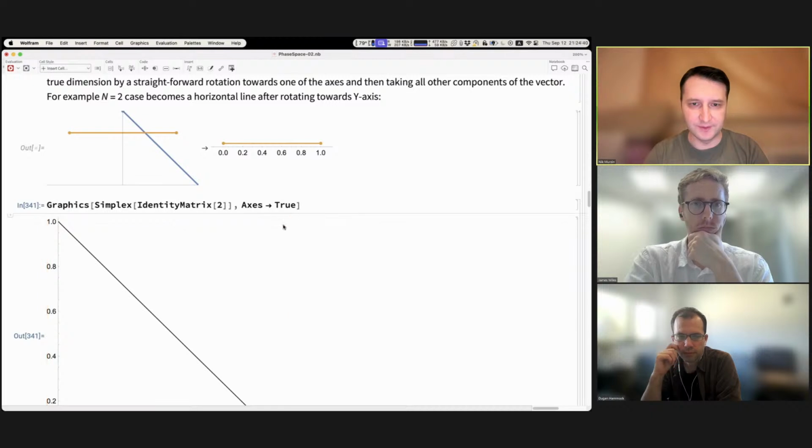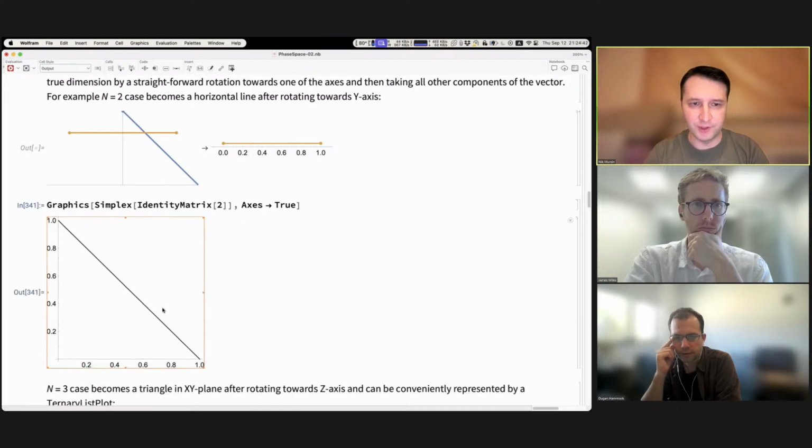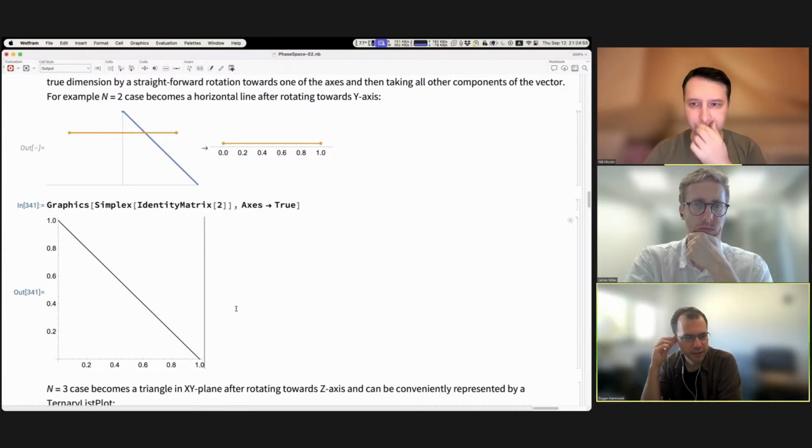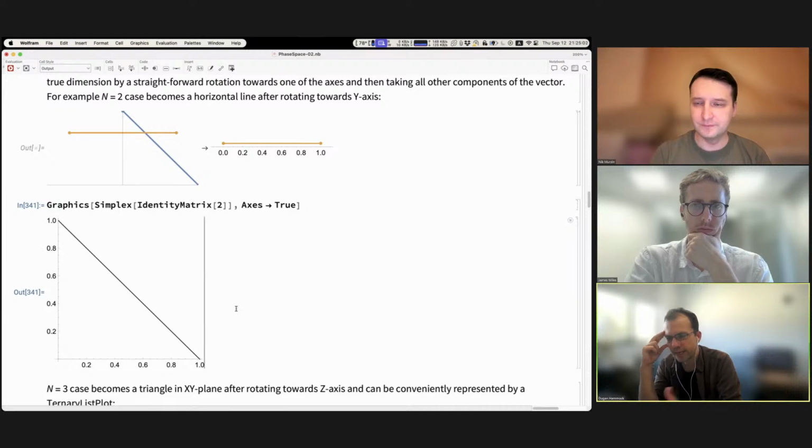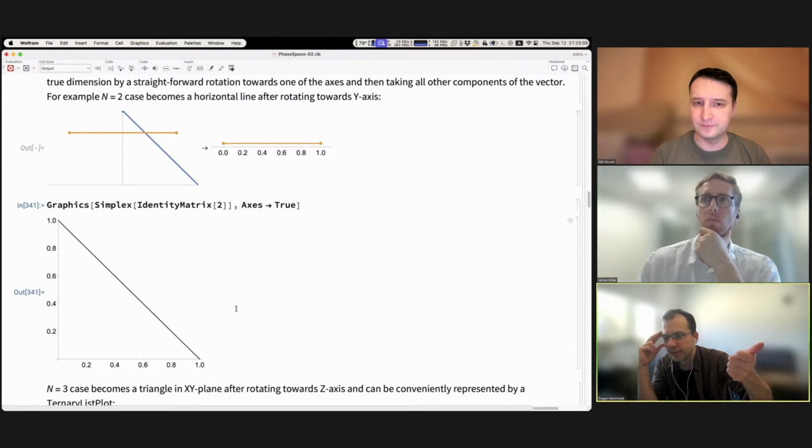Right. So every point on that line would encode the probabilities for a coin. A fair coin, 50-50, is right in the middle, and the extremes of always landing on heads or tails are there. You could say that a coin has its probability for heads as one axis and its probability for tails as the other axis, and they're linked in that the probability for tails is always 1 minus the probability for heads.